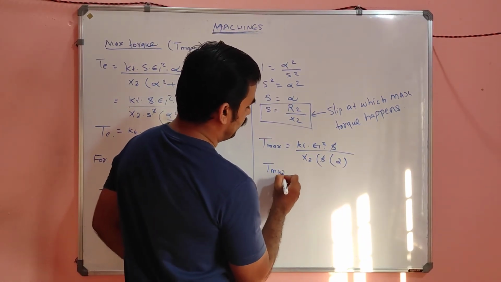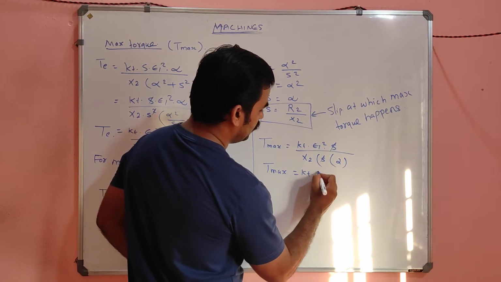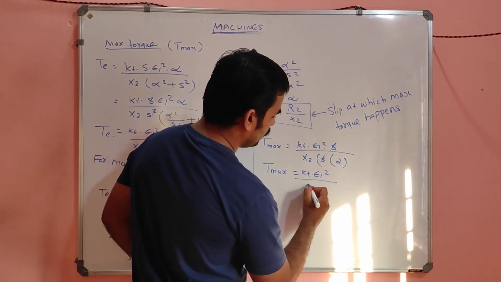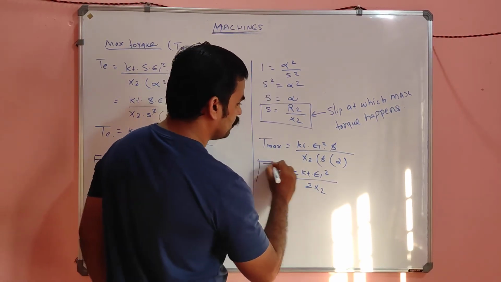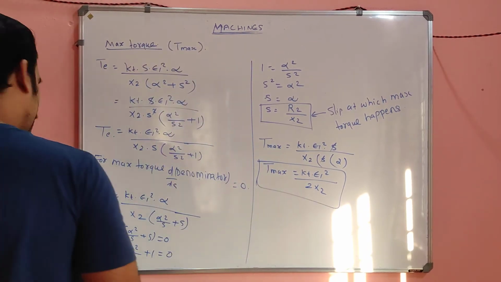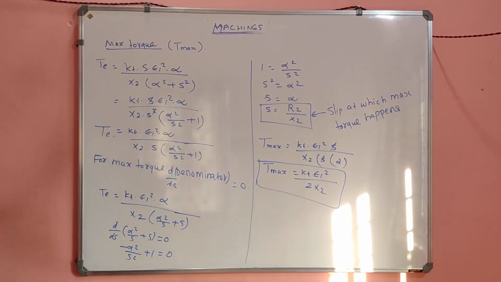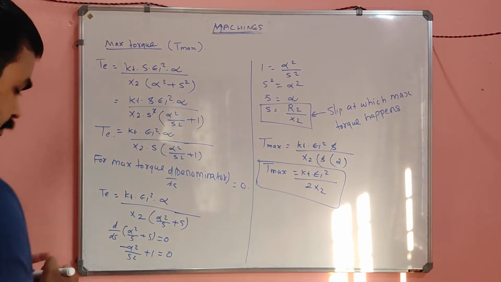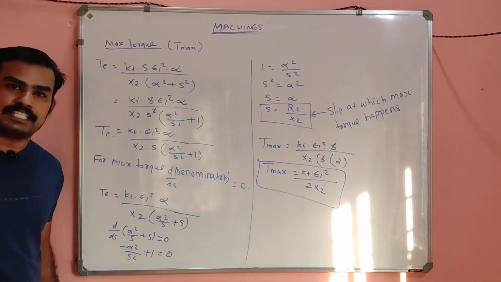Simply, my dears, T max will be equal to KT into E1 square divided by 2x2. Very, very important relation. That is the equation for maximum torque.